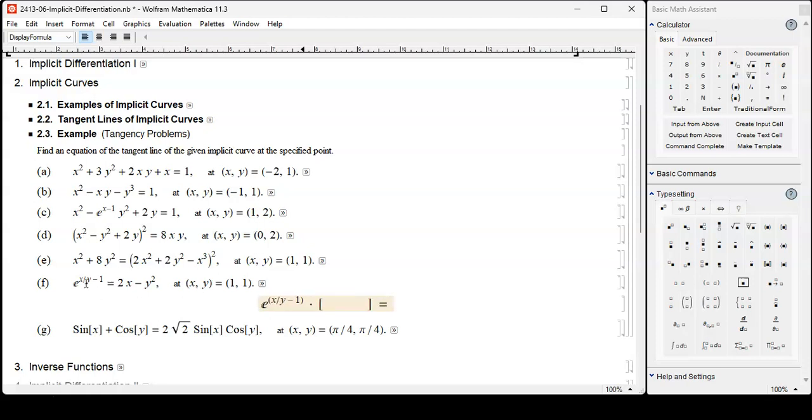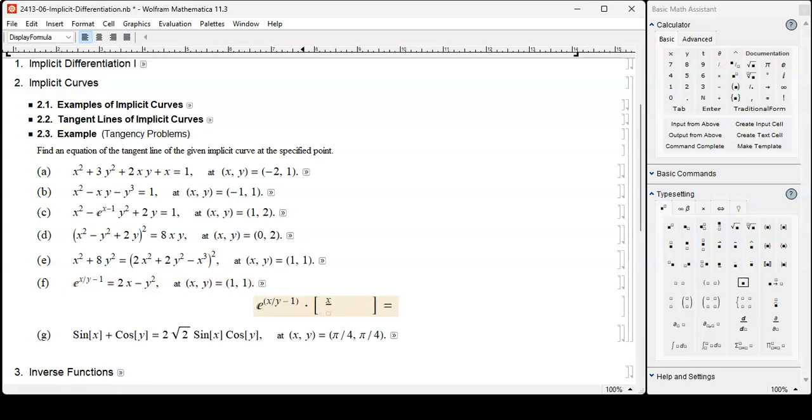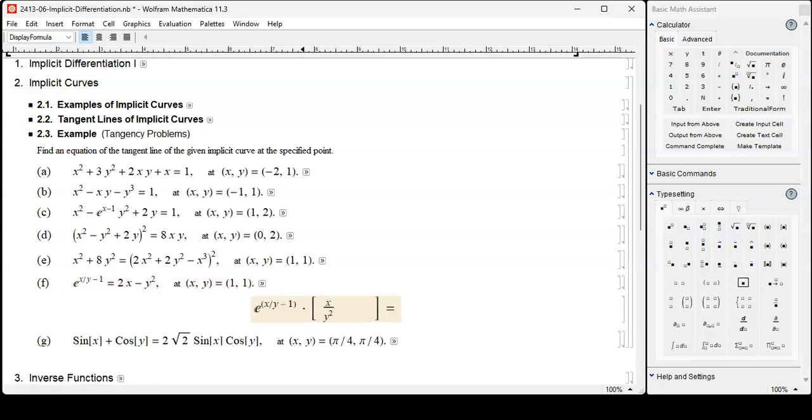What's the derivative of x over y minus 1? Minus 1, no big deal there. That derivative will just become 0. x over y, oh, looks like that's going to be a quotient rule. So we have x over y, and this is going to be y squared. And then in the numerator, we have the structure of the quotient rule. Shall we go ahead and do that?